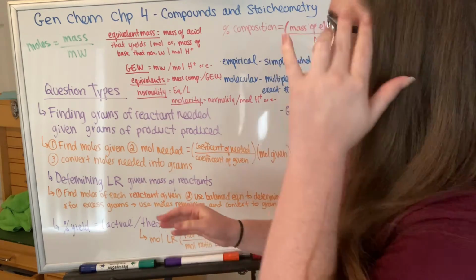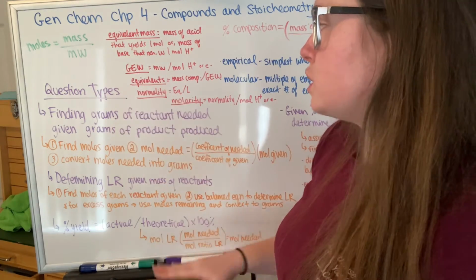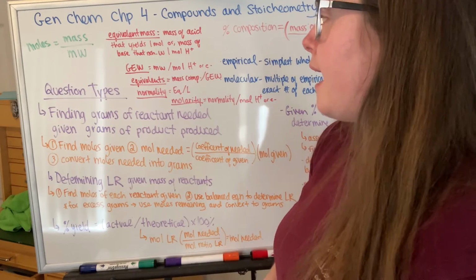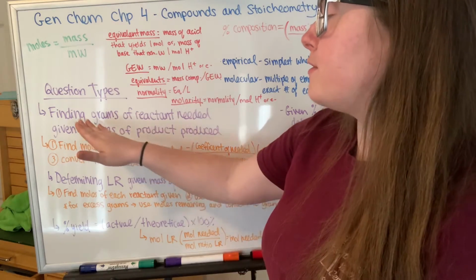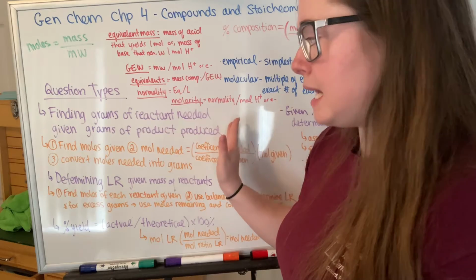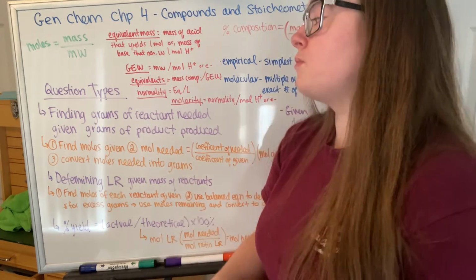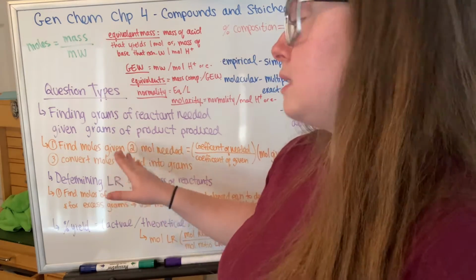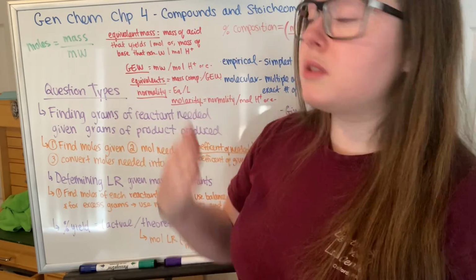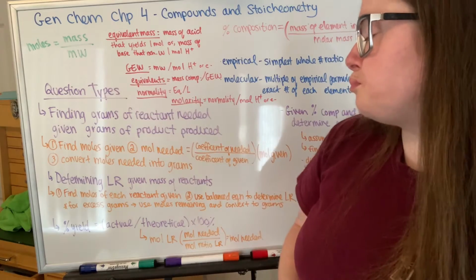Next we'll get into different question types. If you have to find the grams of a reactant needed and you're given the grams of the product it produces, first you find the moles given, changing the grams into moles using this equation.